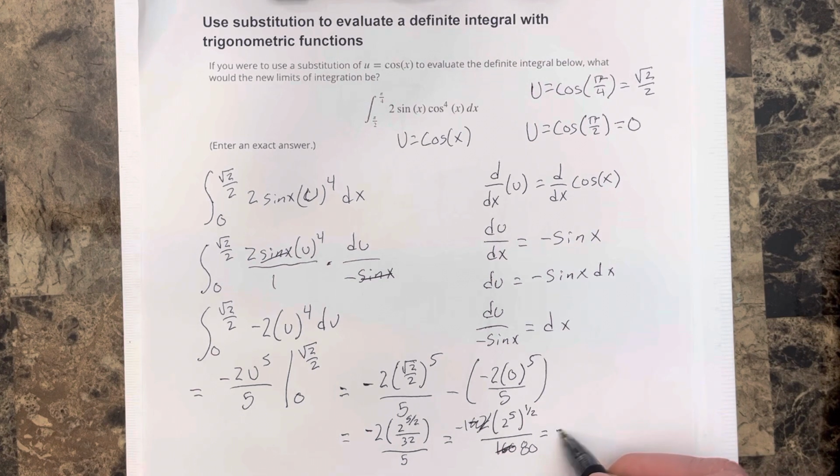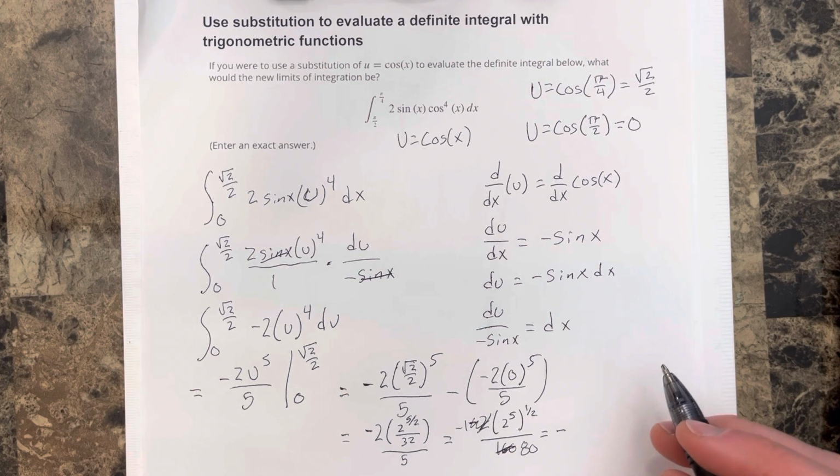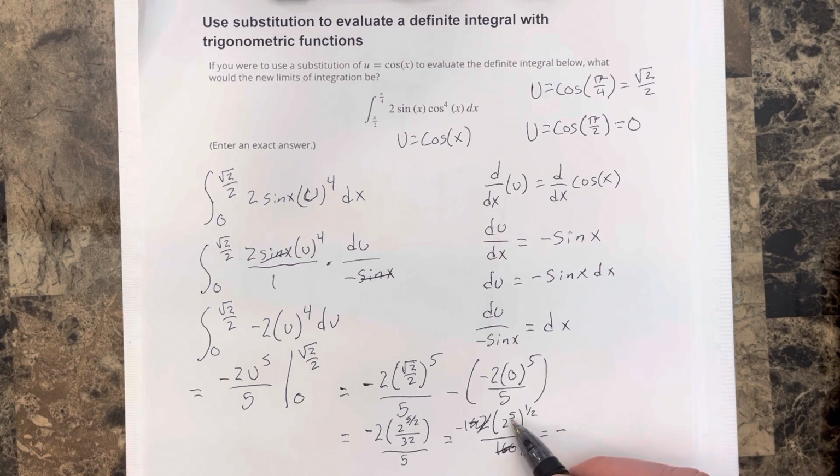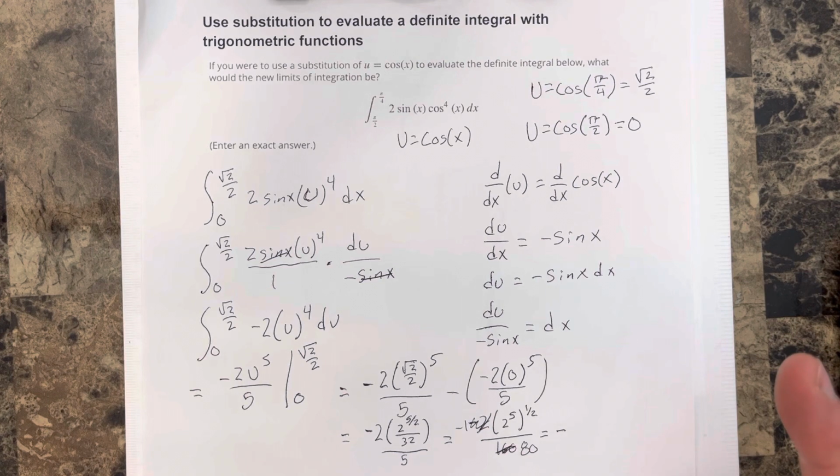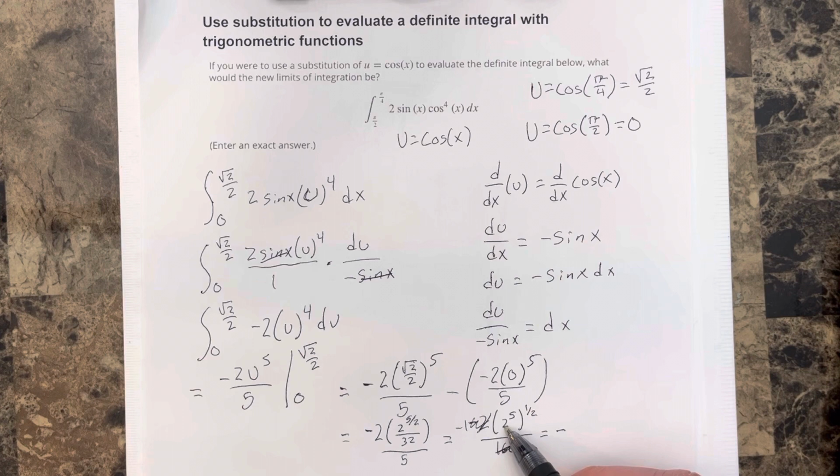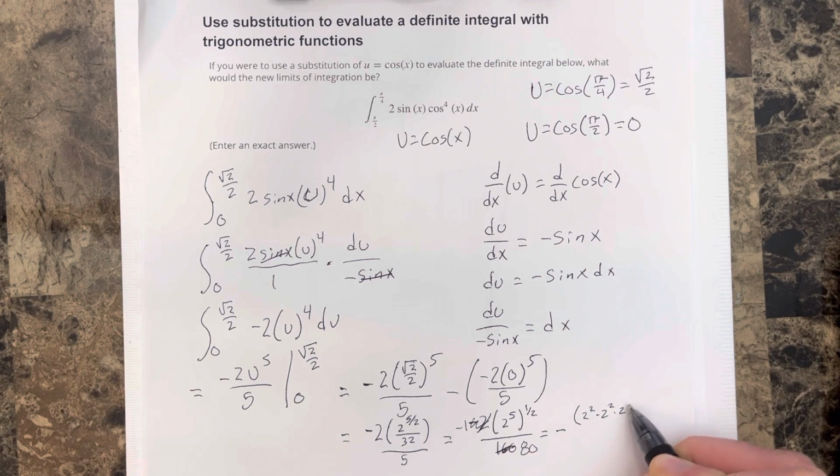So I have negative 2 to the 5th. If I'm taking the square root of that, I can actually take 2 sets of 2's. So this would be like 2 squared. Actually, let's write that. This is 2 squared times 2 squared times 2, all to the half, divided by 80.